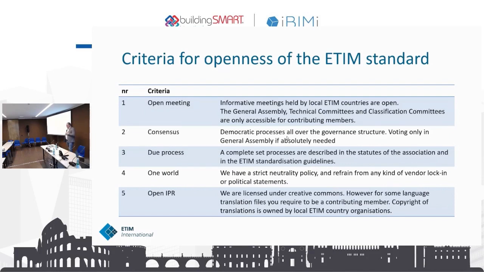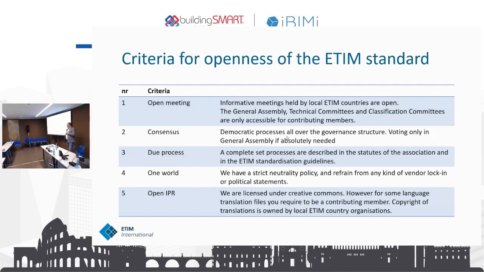One world, we have a very strict neutrality policy, and we refrain from any kind of vendor lock-in or political statements. So I guess that's common in the buildingSMART world as well. Open intellectual property, we are licensed under Creative Commons, or we're in the process of licensing ourselves under Creative Commons.